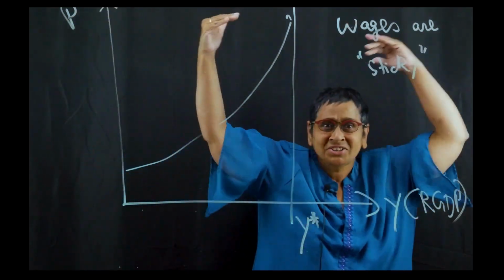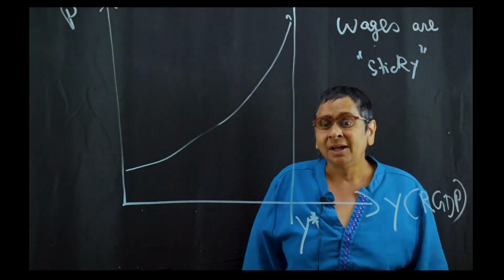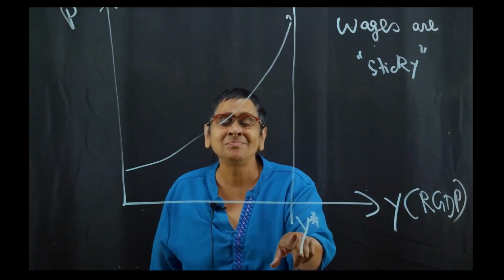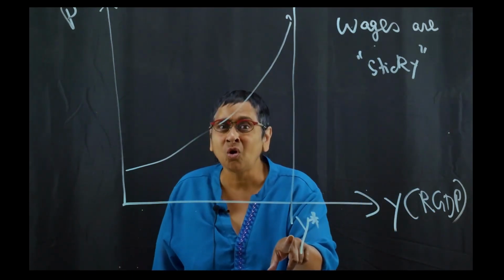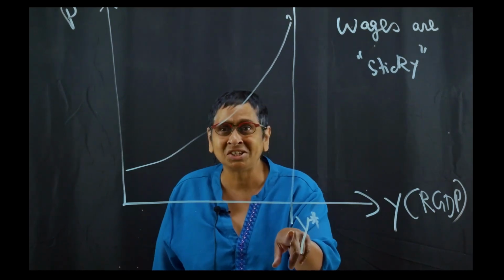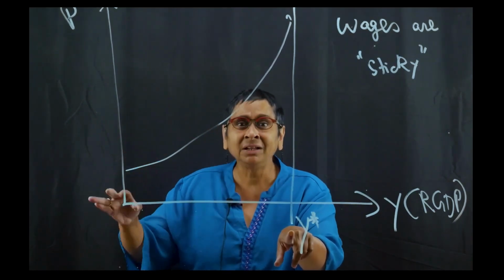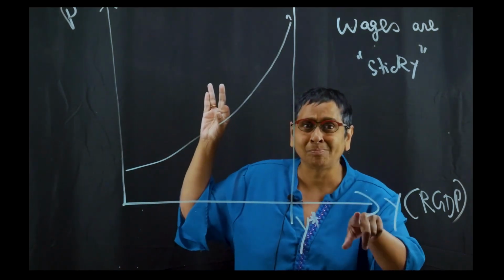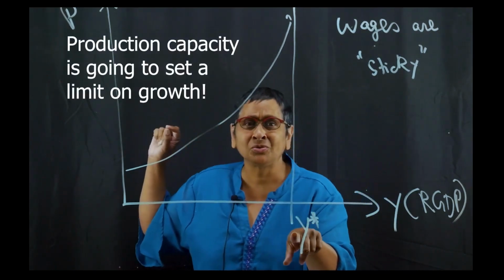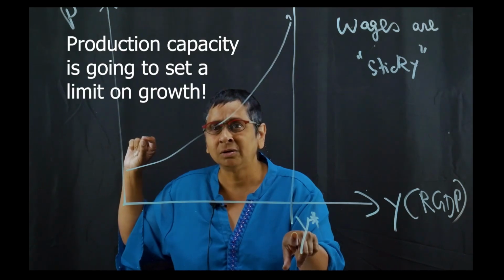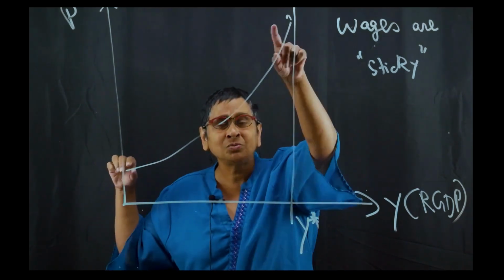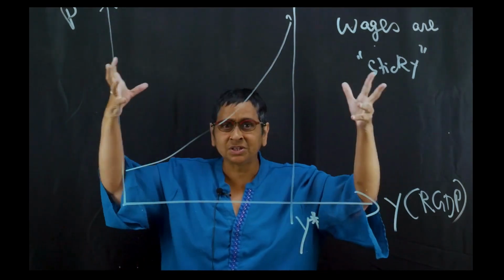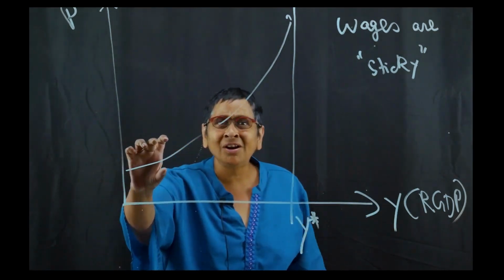That told you the maximum amount you can produce. And that really is going to set a limit, because unless you have growth, a mechanism by which capital infrastructure investment increases production capacity, there is a limit to how far you can go, right?